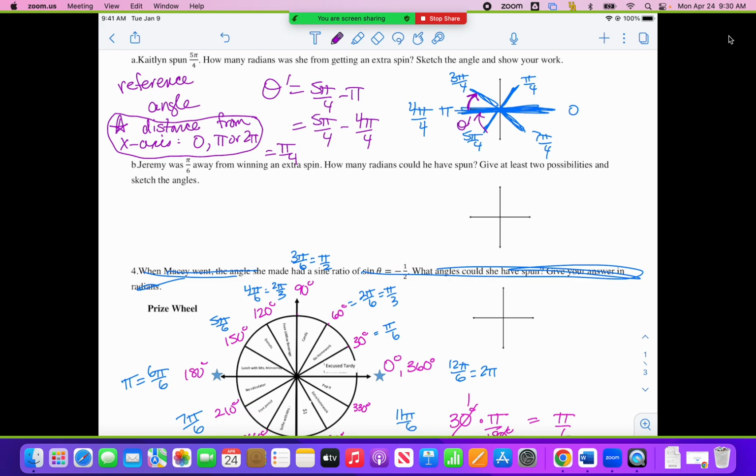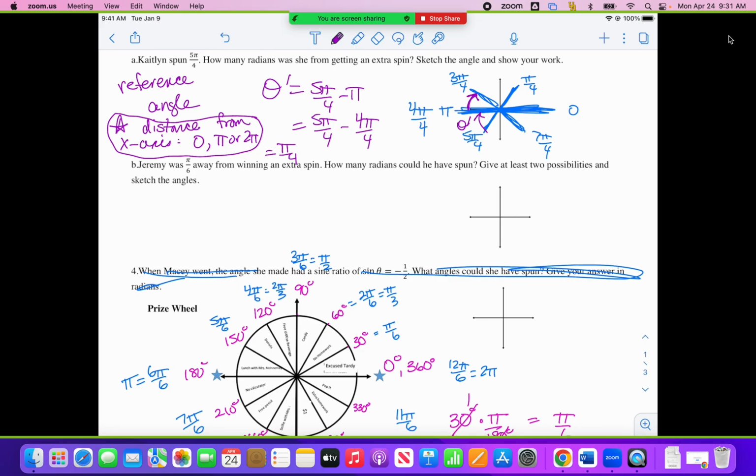All right, suppose your friend Jeremy is telling you about how exciting Algebra 2 was in the prize wheel and tells you that he was pi over 6 away from winning an extra spin, but he didn't tell you where he was. How many radians could he have spun?